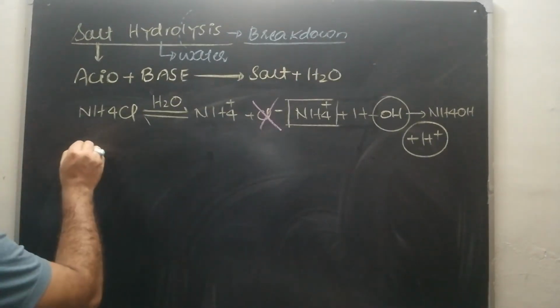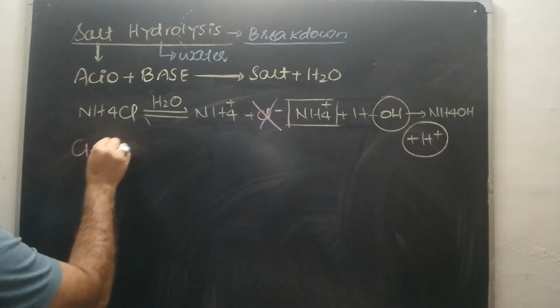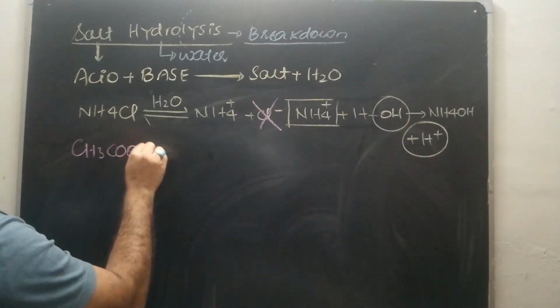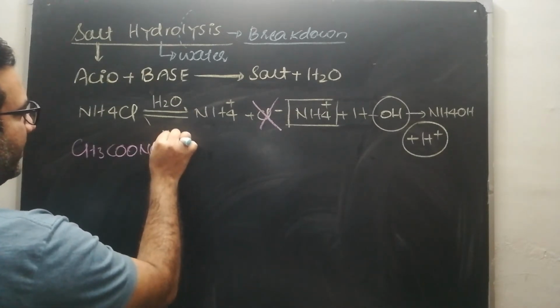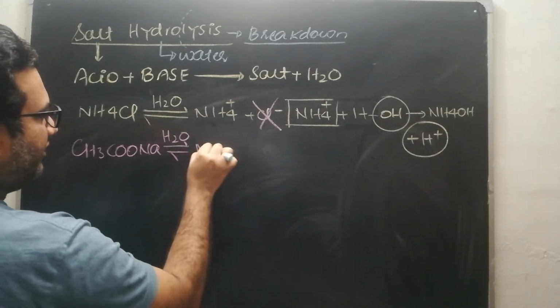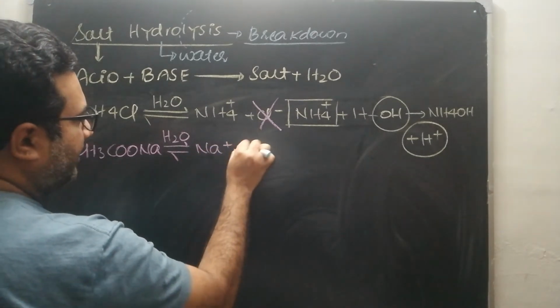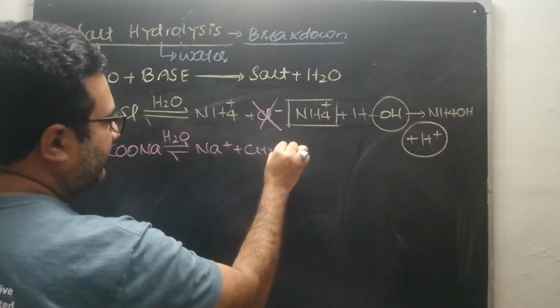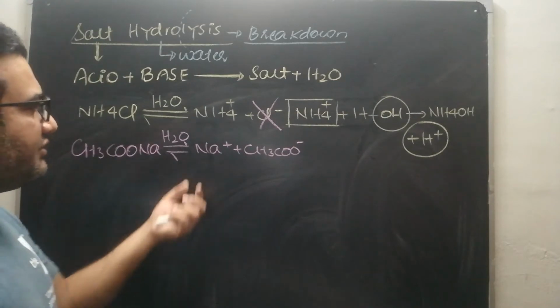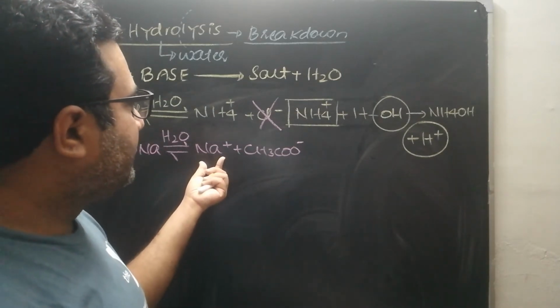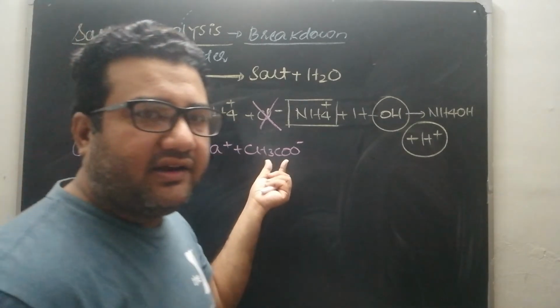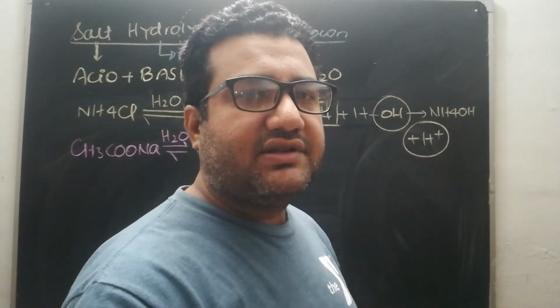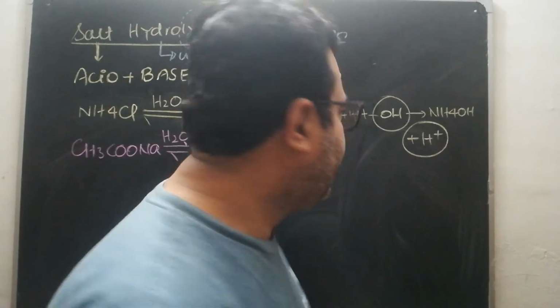Let us take another example in which sodium acetate gets dissolved in water. Now it forms sodium ion and acetate ion. Now sodium ion is a weak conjugate acid because its base was strong, but this acetate ion is a strong conjugate base because its acid, acetic acid, is a weak acid.